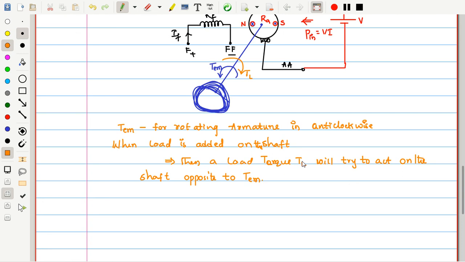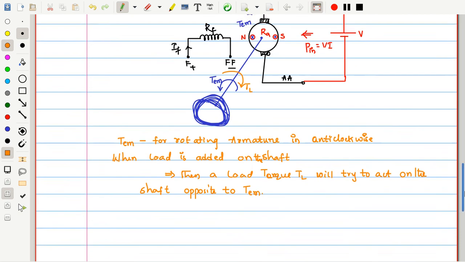So this load torque is equivalent to prime mover torque in case of the generator. See, the entire operation is reversed from previously.